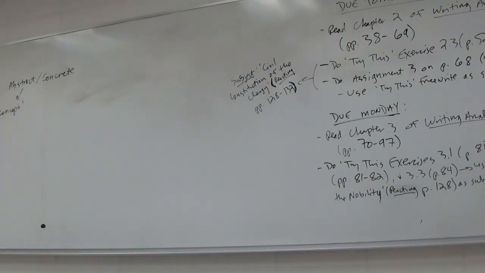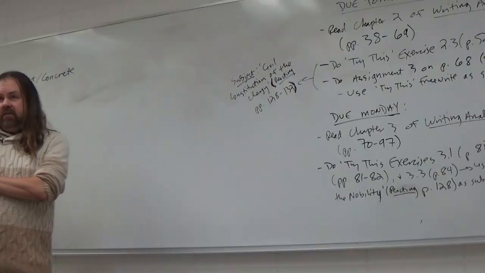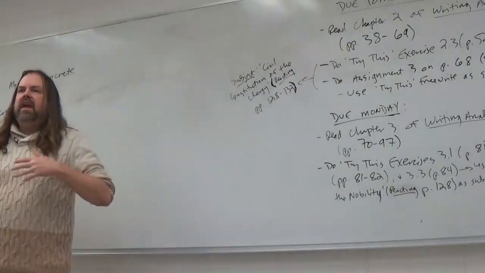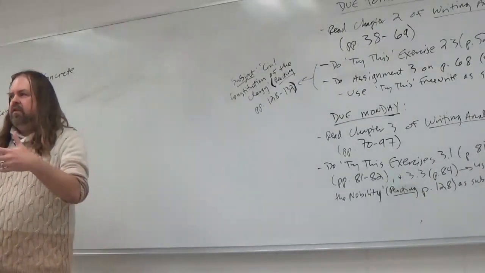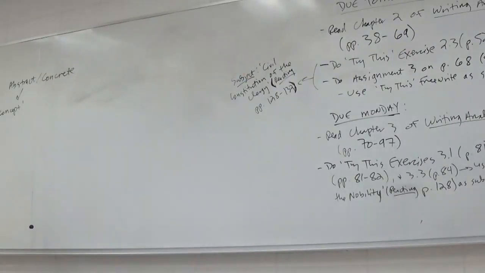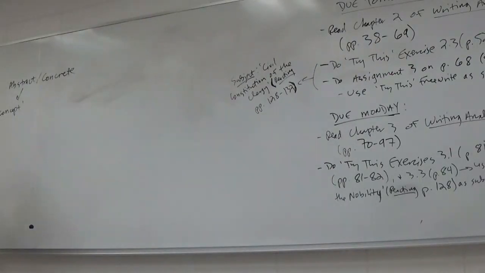An abstract word is something that's hard to imagine using your senses, right? It's something that you can't really imagine how it looks or how it feels or tastes or smells. So, for example, if I give you a word like freedom, right?